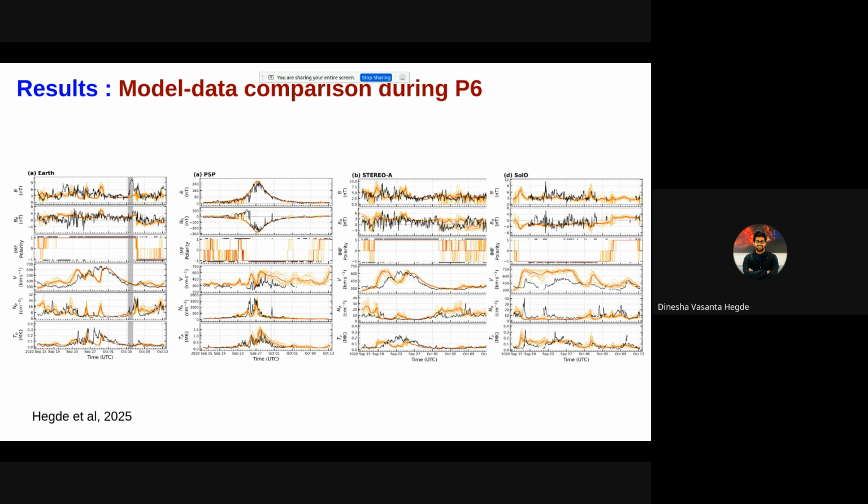But you can see the ensemble models can create a difference in the arrival time of high-speed streams at Earth, and at the same time, for PSP, the variation in velocity is very large compared to other locations because of the photospheric ensembles, and then you can see the difference in polarities captured due to this ensemble.